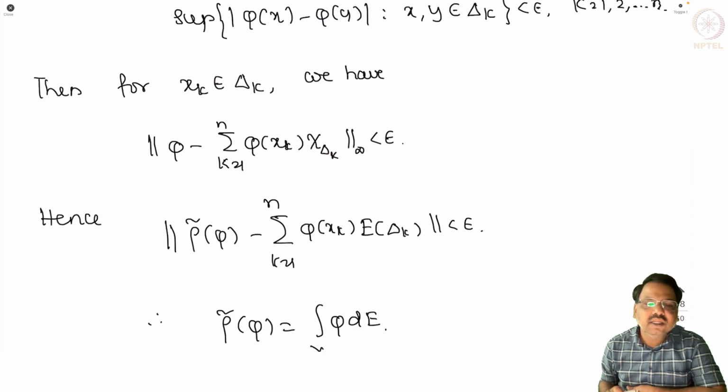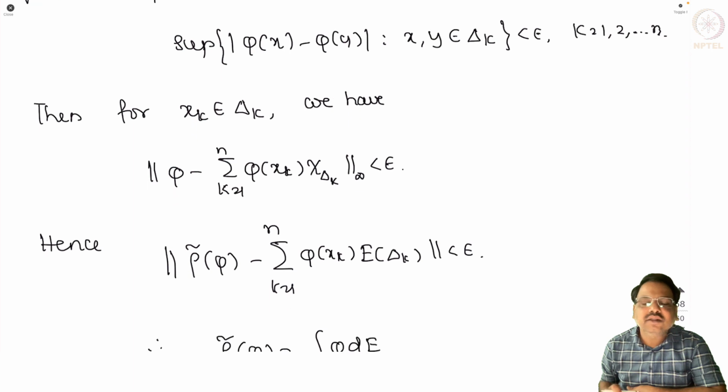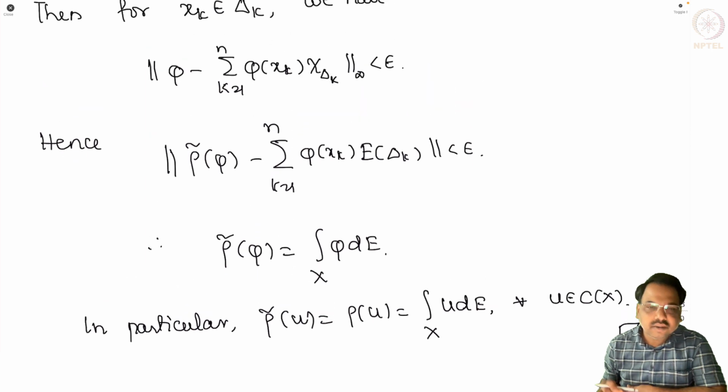Now if xk is in delta k, then by looking at the oscillation in the set delta k, we can conclude that the norm of phi minus the summation k equal to 1 to n of phi of xk chi of delta k is less than epsilon.